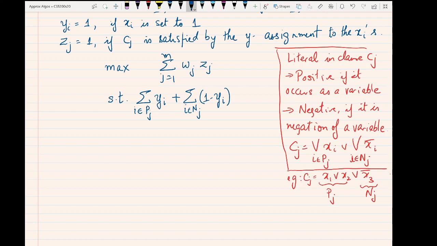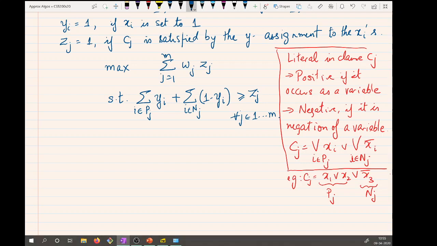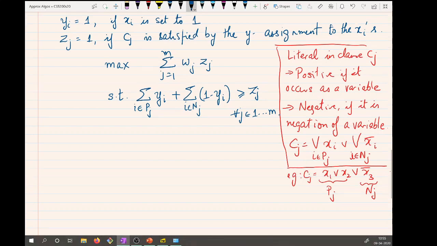So then this sum becomes 1 if any of the negative literals are set to 1. And if any of these turn out to be 1, then I want Zj to be equal to 1. Okay, so for every clause Cj, the following constraint should hold, that if any of the positive literals or the negative literals turn out to be 1, then the clause takes value 1.